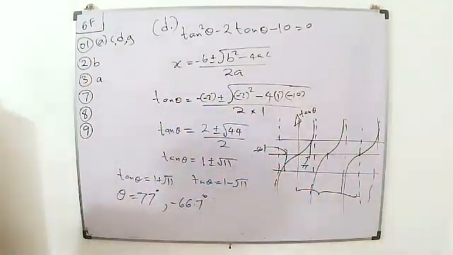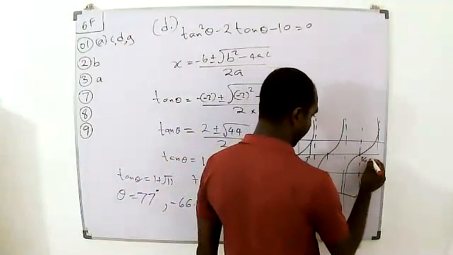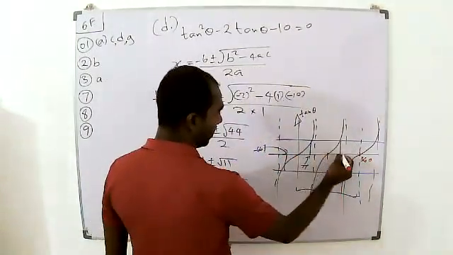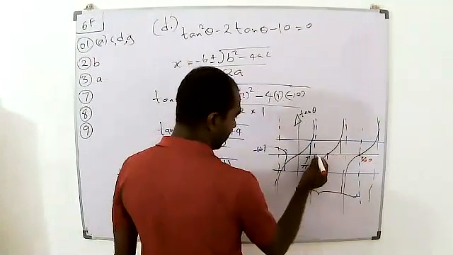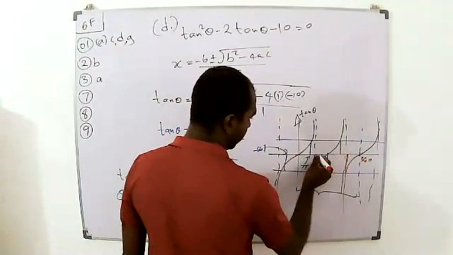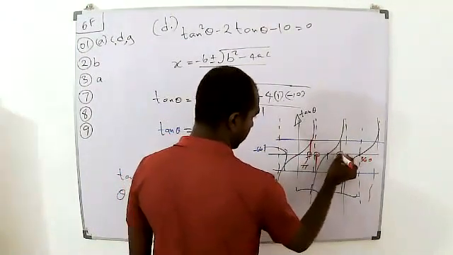What are the other values? This is 360 degrees. Now if we look at the values, it's going to cut here, and here, and here. So how many solutions? We have 4 solutions: here, here, here, and here.